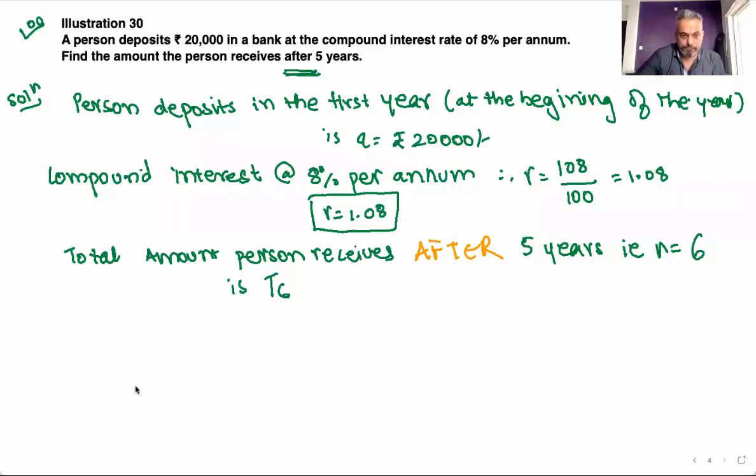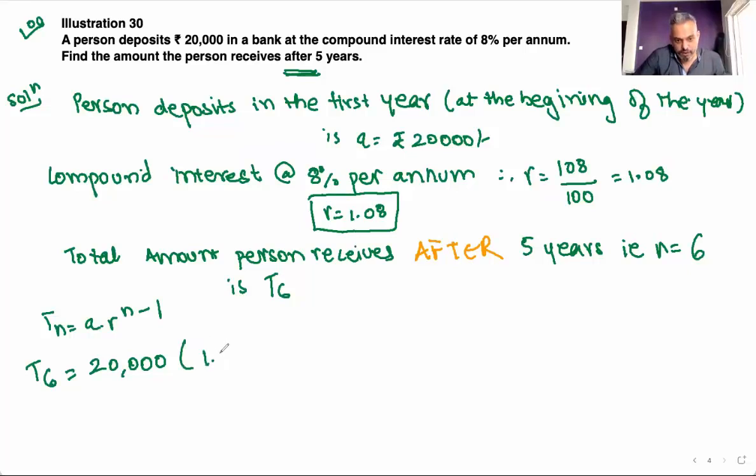So now Tn is equal to A into R raised to n minus 1. So T6 is equal to A, which is 20,000, into R raised to n minus 1. What is R?